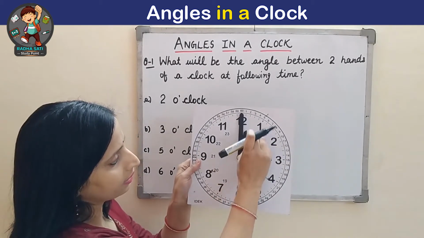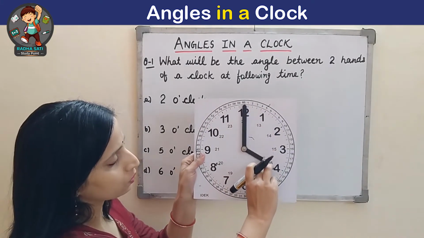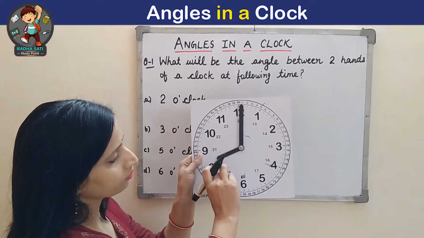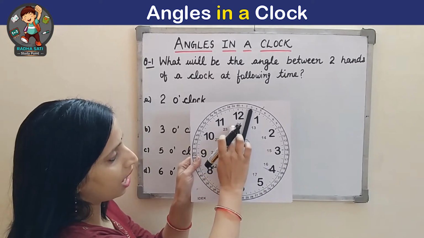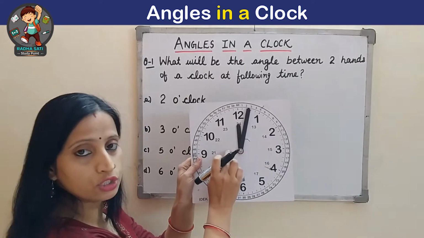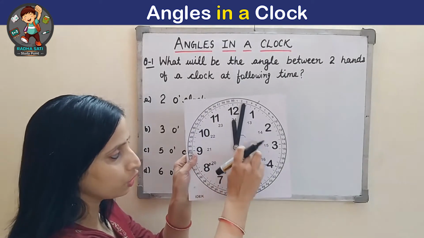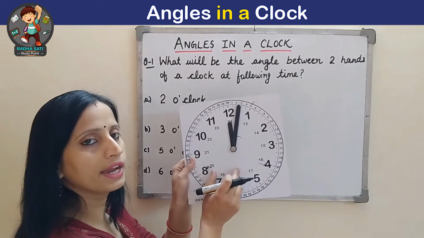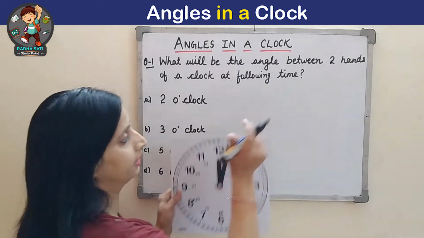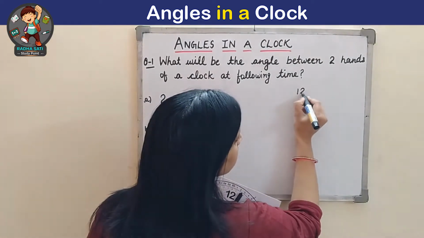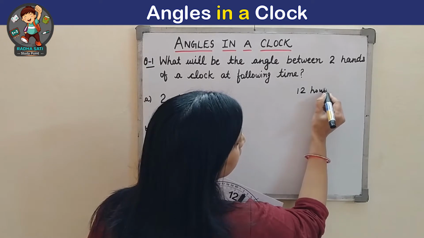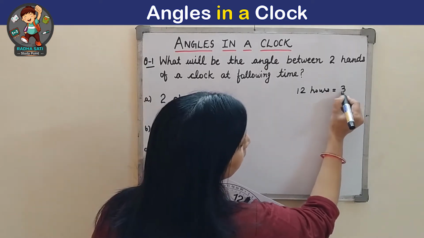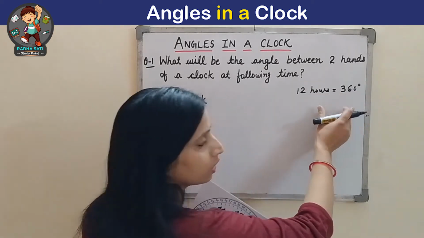This hour hand completes one revolution in 12 hours. That means in 12 hours it makes an angle of 360 degrees.